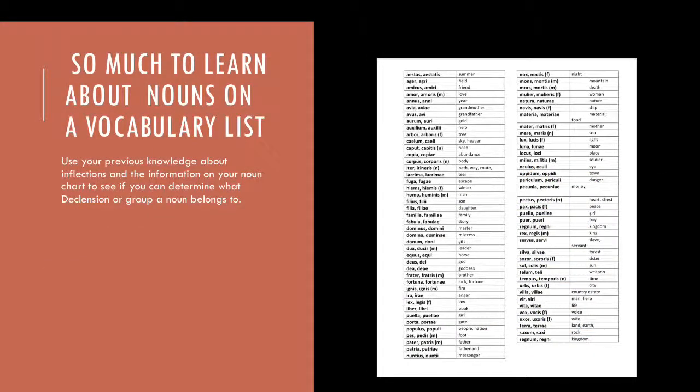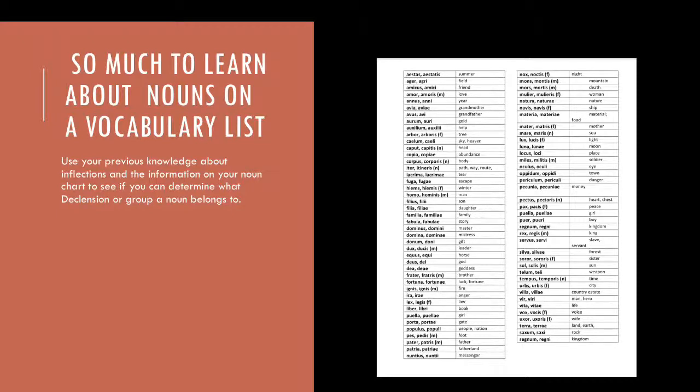To make these decisions, you will be using a copy of the list of nouns that you see here. You can find it in the resources folder or the handouts for the chapter 3 folder, which is in Schoology. So you'll want to have that out on your iPad, and you want your noun declension endings chart in front of you.